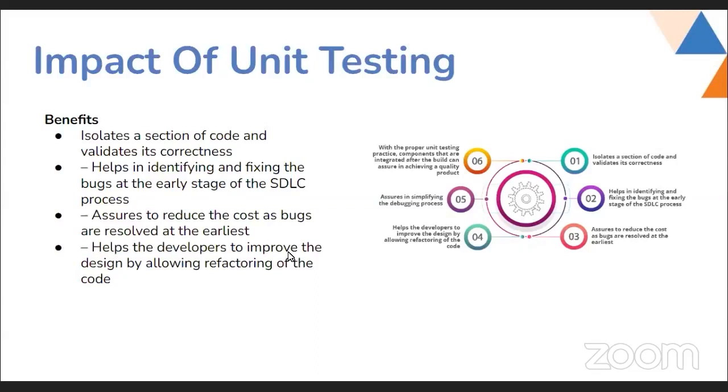That means any problems or bugs in the system are identified early through unit testing, and because of that, the cost of bug fixes is significantly reduced. If these bugs are discovered later, it will be much more expensive to fix them.